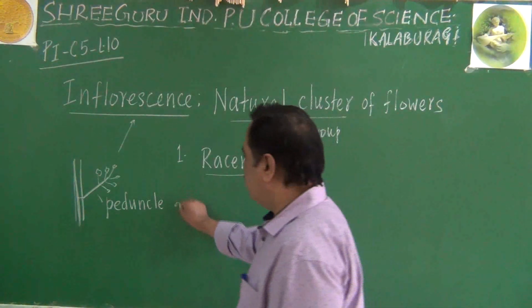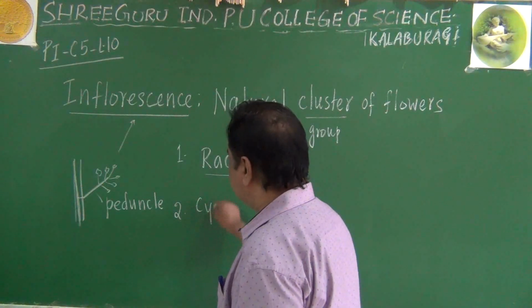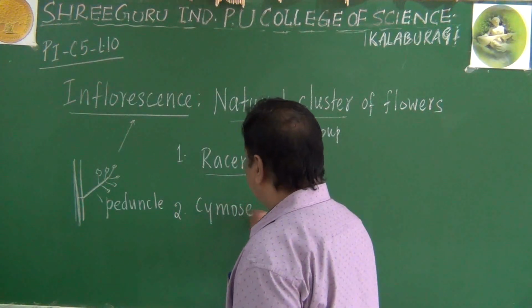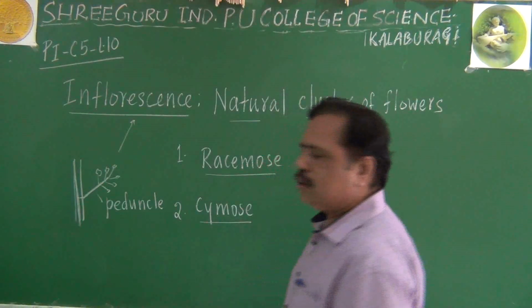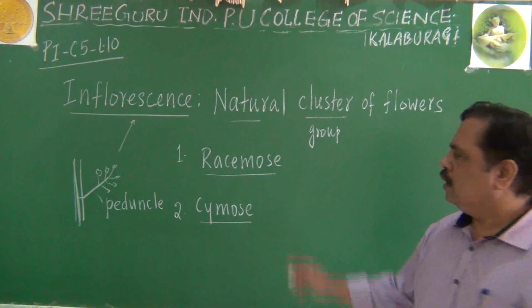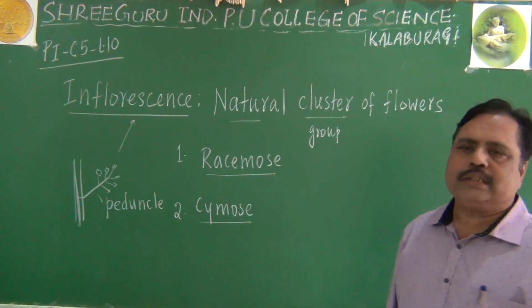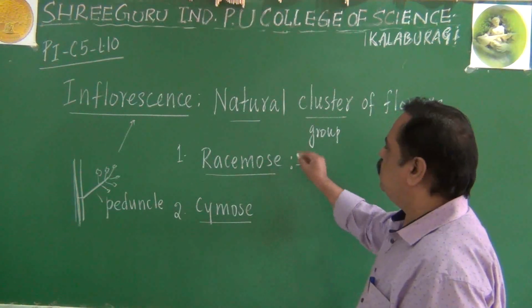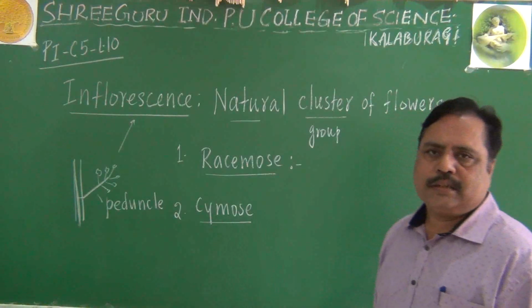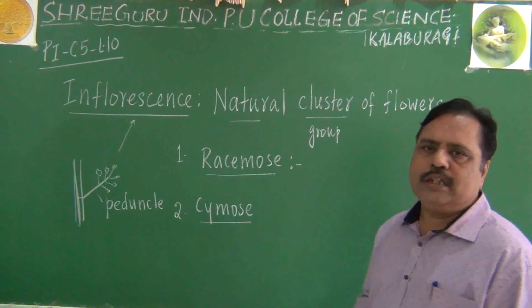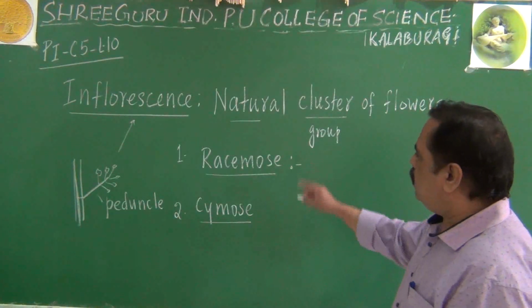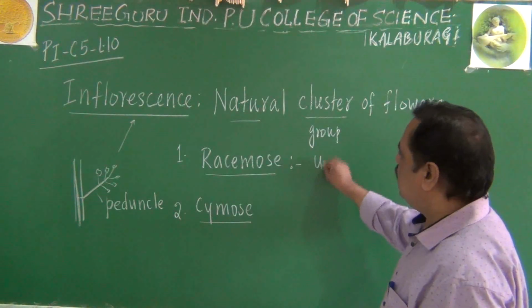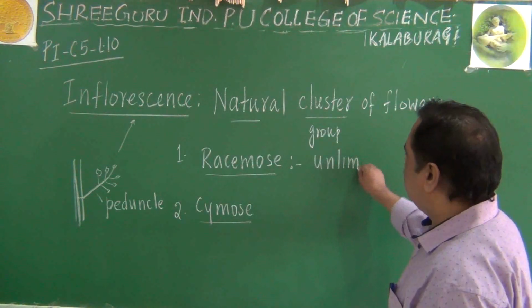Second type is known as cymose inflorescence. So there are two major types, one is racemose, another one is cymose. What is the difference between racemose and cymose? In racemose inflorescence, the peduncle will exhibit unlimited growth actually.